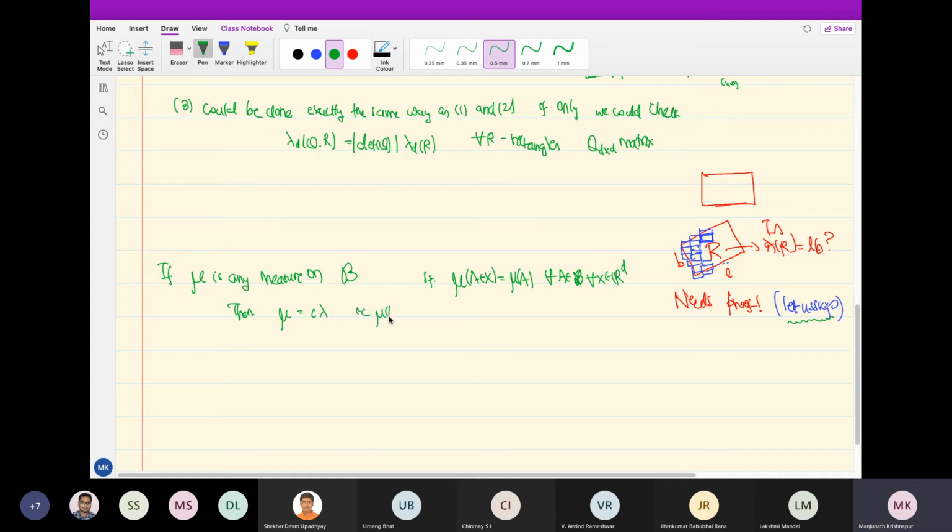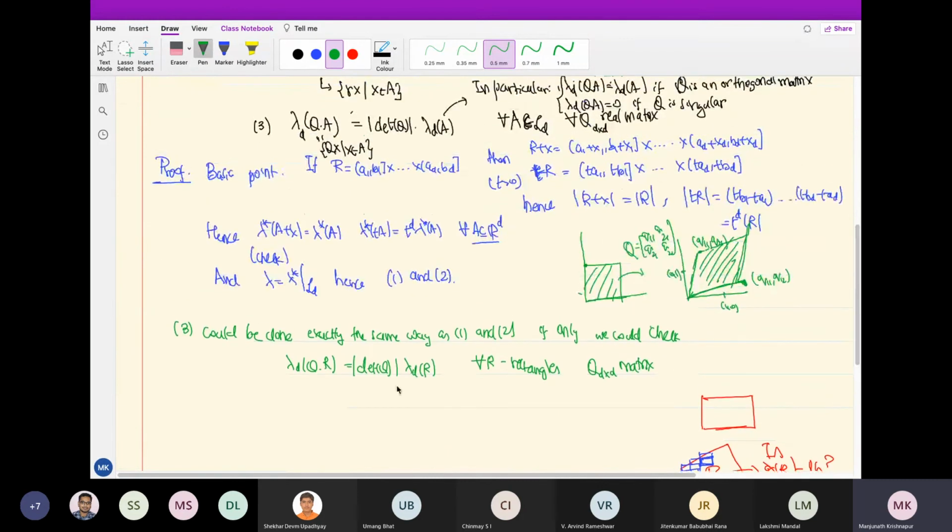That is, mu of any set is this constant times lambda of it, for all A in the Borel sigma algebra. So you could also allow zero measure and infinite measure. So I allowed C equals 0 or infinity. Those are not the interesting case. The only translation invariant measure is that.